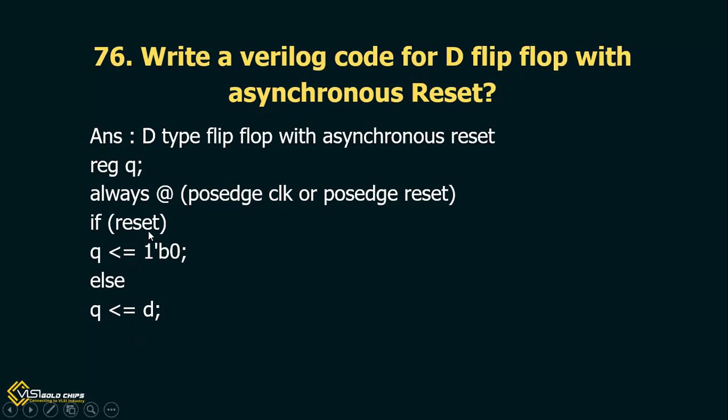If reset is 1, Q <= 1'b0, else Q <= D. So here posedge clock and posedge reset have been used as the sensitivity list. If there is a rising edge of clock or rising edge of reset, then it will enter into this always statement. So now we can implement asynchronous reset for D flip-flop.